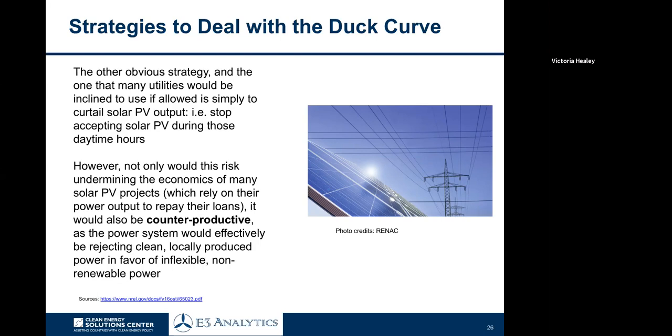So why would we do that? And that's why there's a growing amount of interest in looking at, okay, what can we do to address this challenge? What can we do to solve the challenges posed by the duck curve?